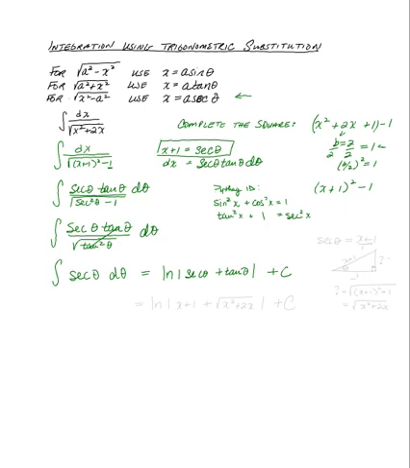So what we're going to do is we're going to say, well, secant of theta equals x plus 1 is the same thing as saying that if I'm looking at a triangle with an angle theta here, a right triangle, then for the secant, that's my hypotenuse over the adjacent side. So since this is the fraction x plus 1 over 1, the hypotenuse of my triangle would be x plus 1, and the adjacent side would be a 1.